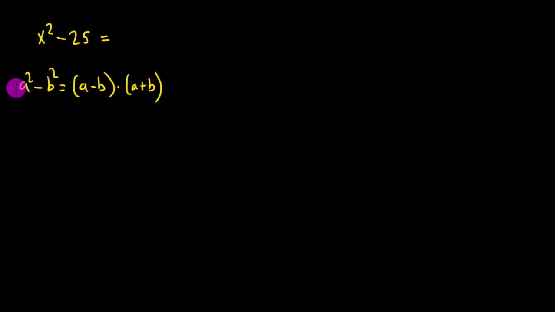So you should always have squares here. You have a square here, but you don't have a square here. If you don't have it, you can make it. So x squared minus, this one is the square of 5, yeah? So this one is a, this one is b, so you can write it as x minus 5 times x plus 5.